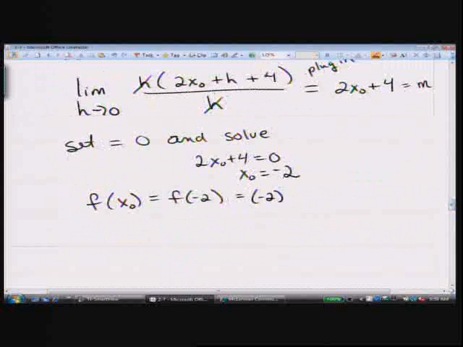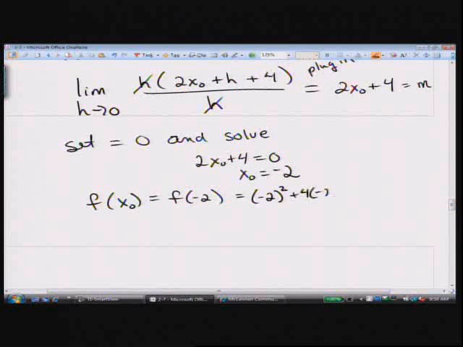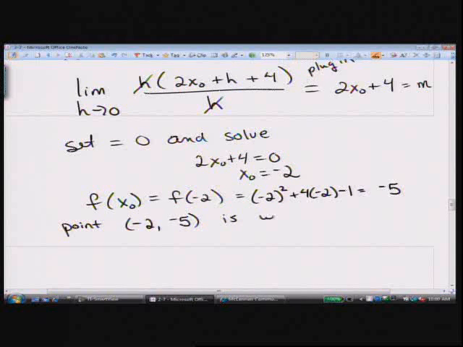So negative 2 squared plus 4 times negative 2 minus 1, which is 4, and negative 8, and negative 1, which is negative 5. So the point negative 2, negative 5 is where the tangent line is horizontal.